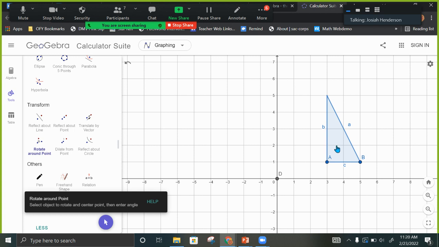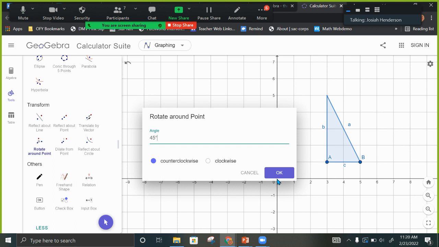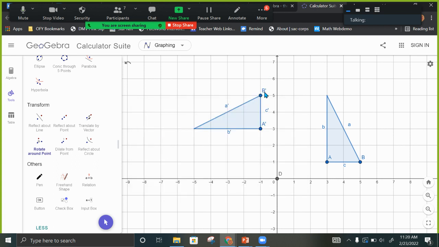So we would click on our figure, and then you would click on this rotate point, and then it pops up and you can type in how many degrees. Do 90 counterclockwise. And there it is. So it does look like it was twisted, spun around the origin.